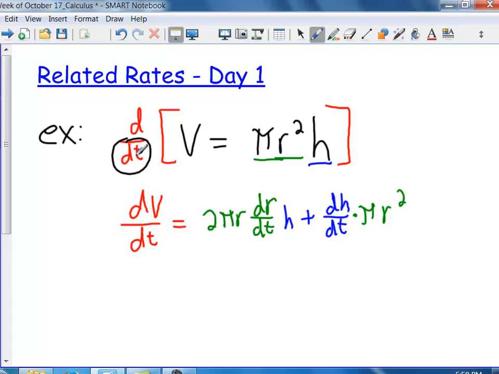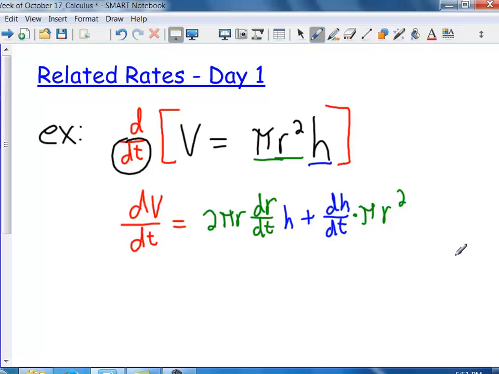Just try to understand that now the variable doesn't match anything. We do everything we've been doing, but now we have a bunch of dt's here. That's really all I'm trying to show you with this first problem: you need to just do what you've been doing, but every single time now. There's no dx here. There's nothing good about this really, to be straightforward with you.